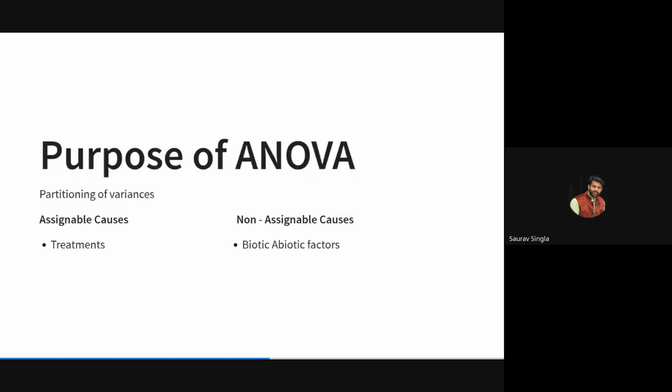Say if you want to compare the yield of 10 varieties or the yield of 20 varieties, right? That means what you want to test, your objective, is whether the difference in yield is coming due to change in variety.